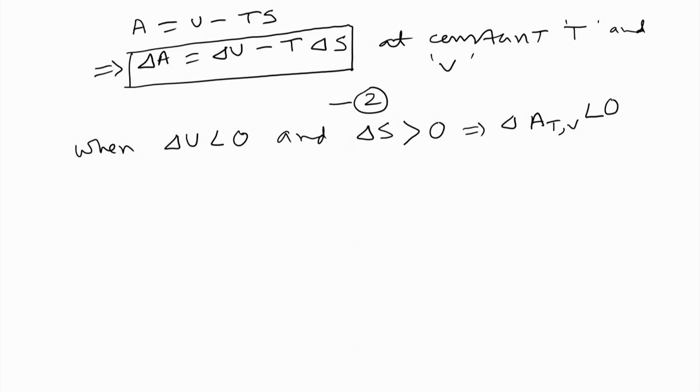So, it makes the process a spontaneous one. Okay. But if delta U and delta S have different sign... Suppose delta U is less than 0 and delta S is also less than 0.